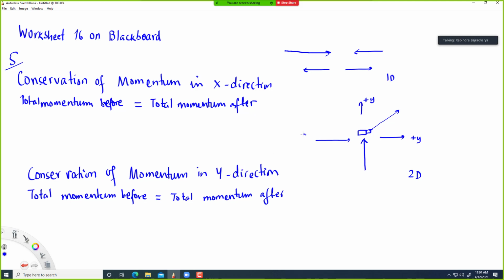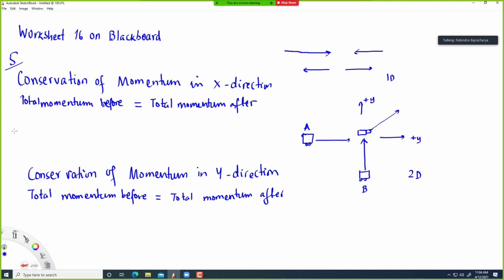Now here is the car. Here is the car. So let's call this one A, this one B. You can call it 1 and 2 or give some other name. So before collision, A is moving all along x direction, so it doesn't have any y component, and B is moving all along y direction, so it doesn't have any x component.